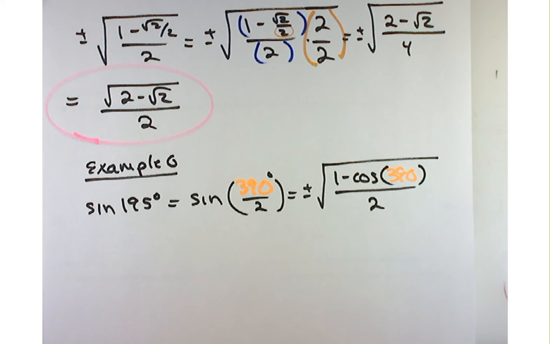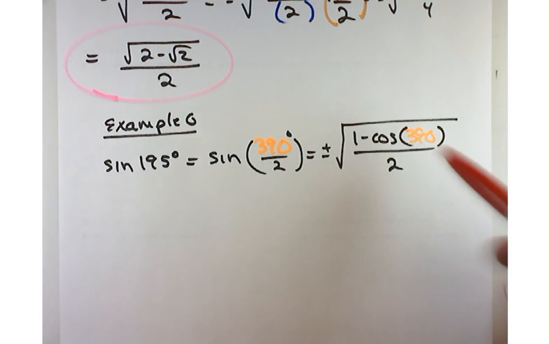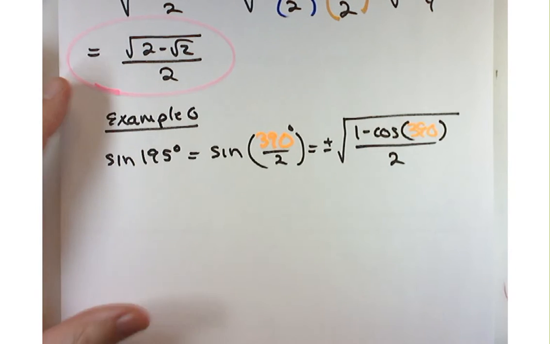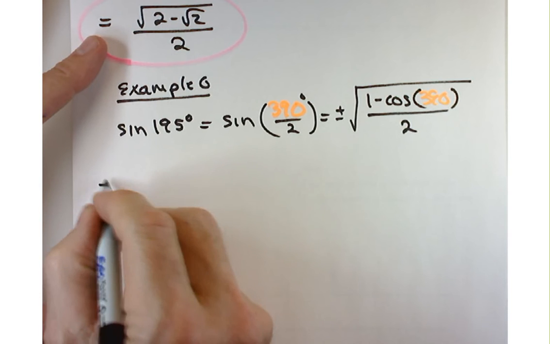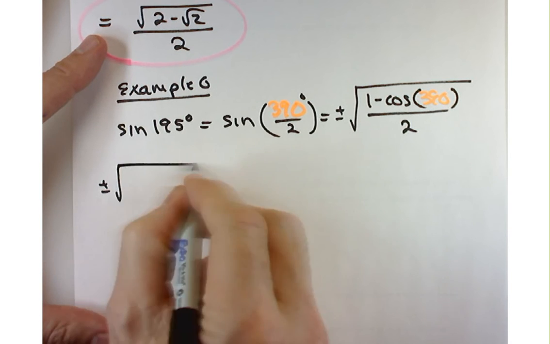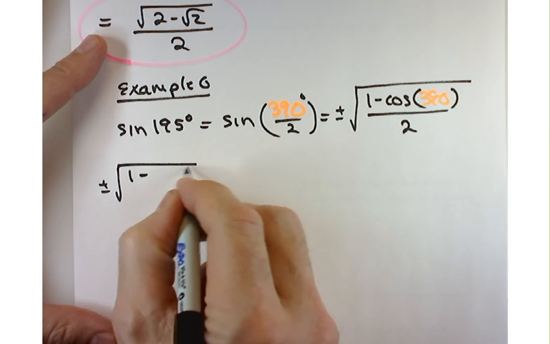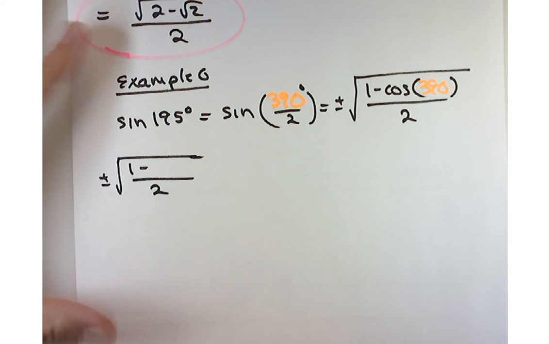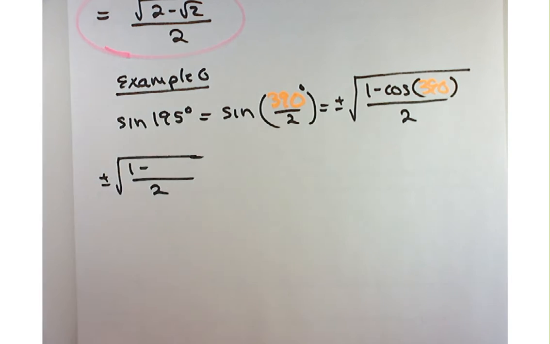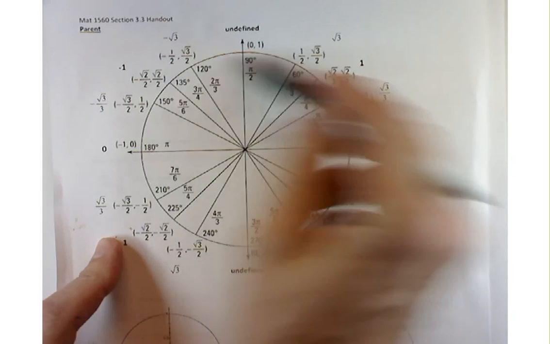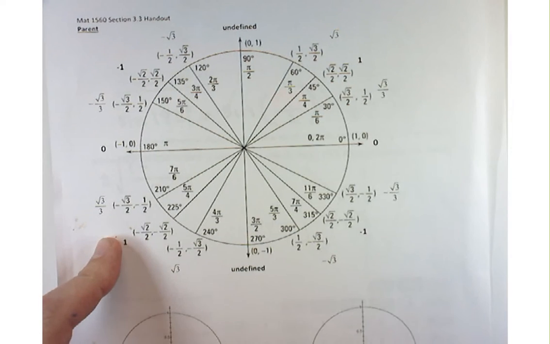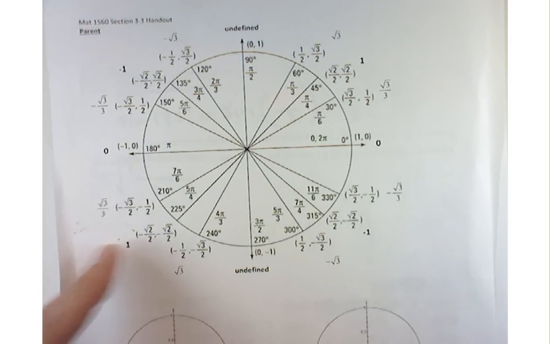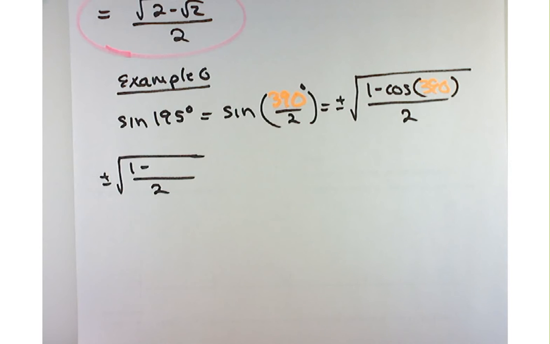Okay. Cosine of 390. Well, let's think. That's more than once around the unit circle, right? So I can make this a smaller angle if I work with a coterminal angle. 390 is all the way around the circle and then a little bit more. How much more? 30 degrees.